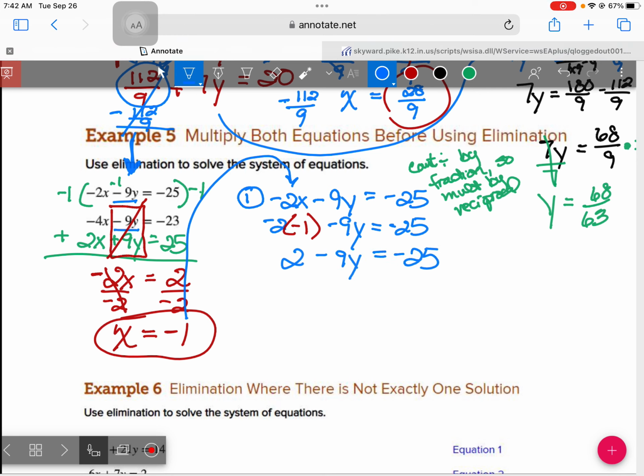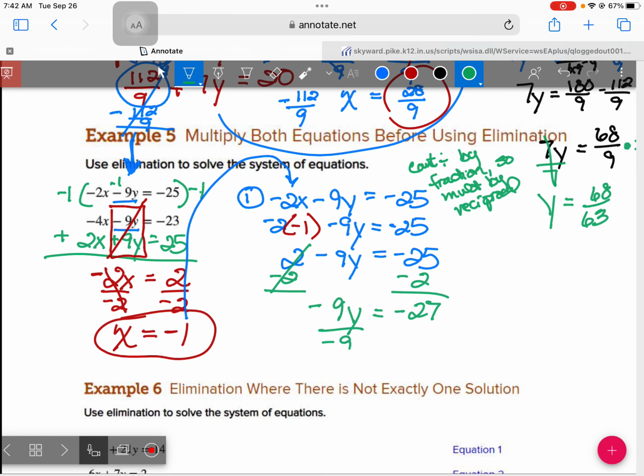Okay. And I need to solve for y. I need to isolate y. Larry, come on, up here. So I'm going to subtract 2 to get my numbers all on the same side. I have negative 9y equals negative 25 minus 2 more is negative 27.